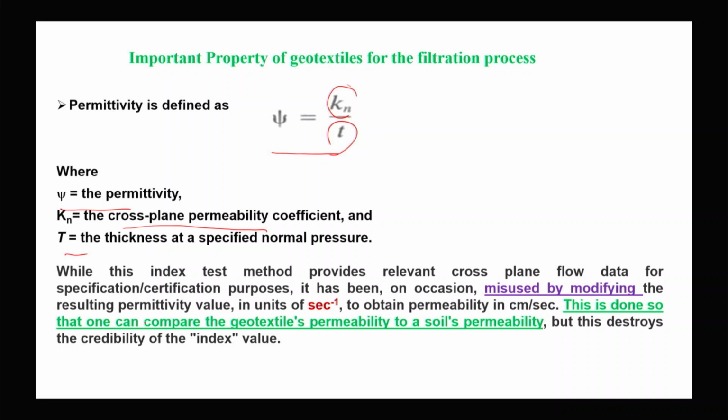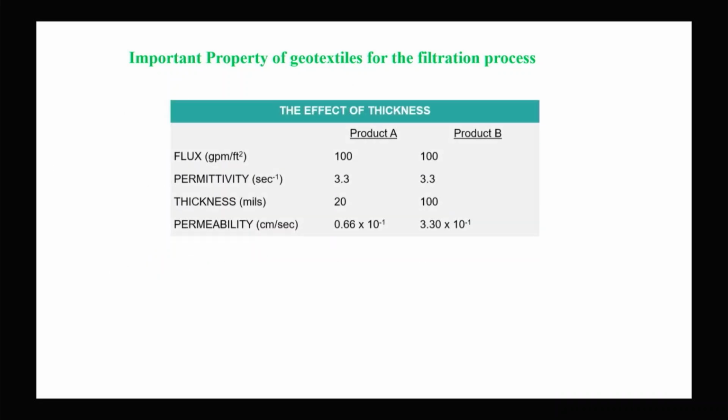Okay. Now let us see, by this relationship, this example: the water flux, that is the flow rate, in gallons per minute per square foot of the two products A and B, is 100 each, and the permittivity of these two products is the same, 3.3.